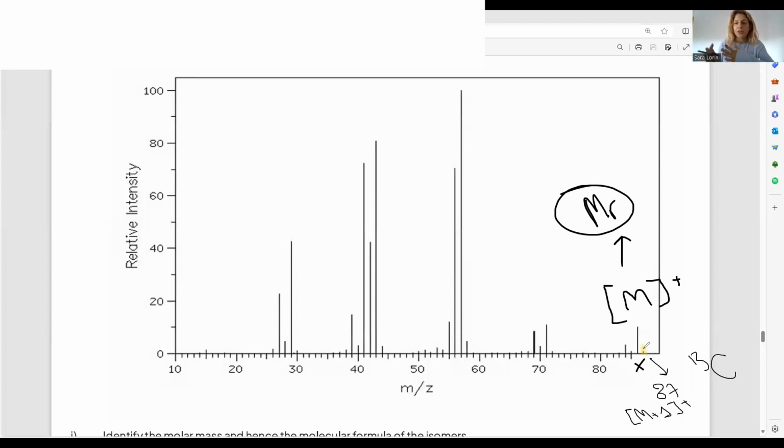Also, there are different ionization methods. One is electron bombardment, which is when it uses little bullets that kick off electrons to give you the ion. But you also have the electrospray ionization. The electrospray ionization would give you a molecular ion that actually has, and we can write it like this, an MH with a positive charge, because the electrospray ionization adds a proton.